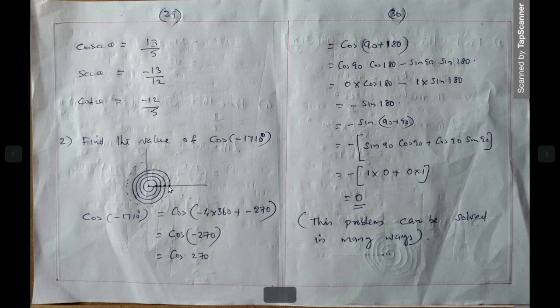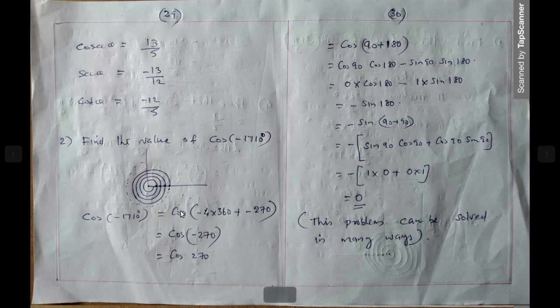Plus, now you are here, then up to here minus 90 degree, up to here minus 180 degree, up to here minus 270 degree. So minus 4 into 360 plus minus 270, which will be minus 1710. When you add, 4 into 360 means 1440, not 720, plus 270, you will get the answer 1710, right?